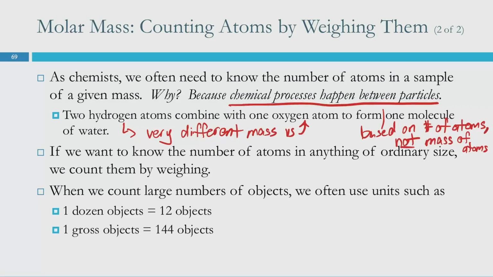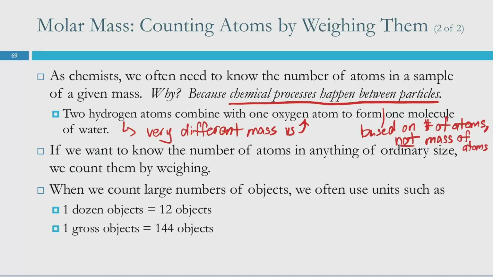Hydrogen atoms are much, much lighter, much, much smaller than oxygen atoms, and so if we just put in equal amounts in terms of mass, we would be putting in very different numbers of atoms that we're combining. In order for us to count them in a reasonable fashion, we count them by weighing, or more likely massing, and we can convert mass to atoms, which is what we're going to be learning about next.